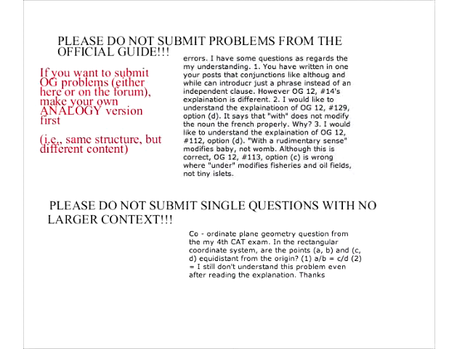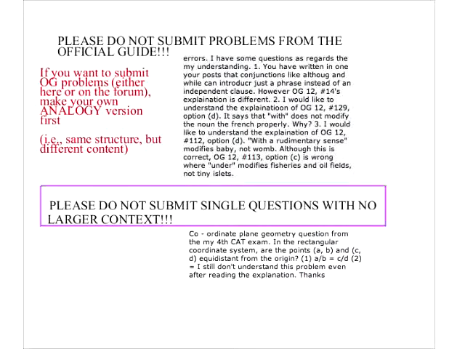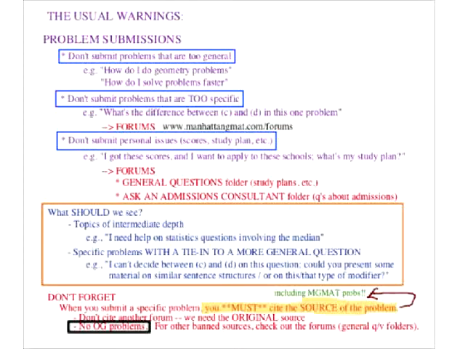Also, please don't submit problems that are just problems. This is why we have forums. This is a submission from this past week. Someone's asking a really specific problem about a really specific CAT exam question. Please post these things on the forum. If you're going to post specific problems, as we said before, you need to have a general tie-in.